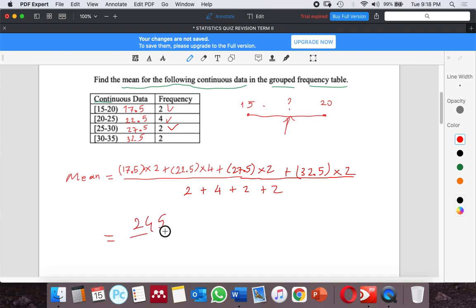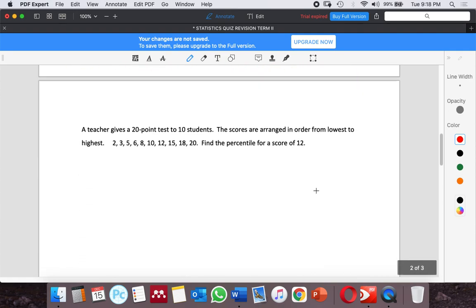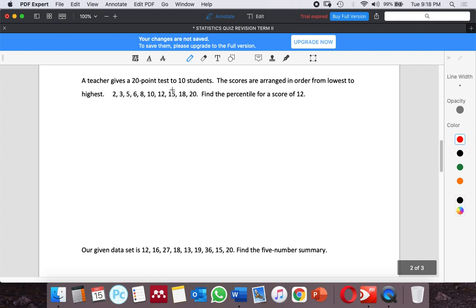So 245 divided by 2, 4, 6, 8, 10, which is 24.5. The answer of the question is 24.5. I think it's clear. Now the other question type: a teacher gives a 20-point test to 10 students.